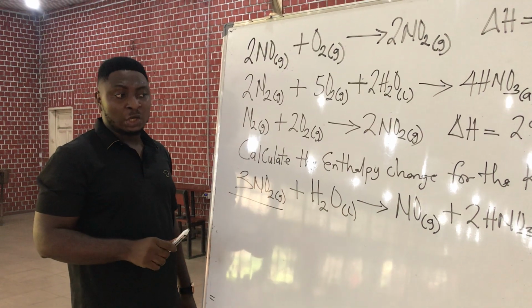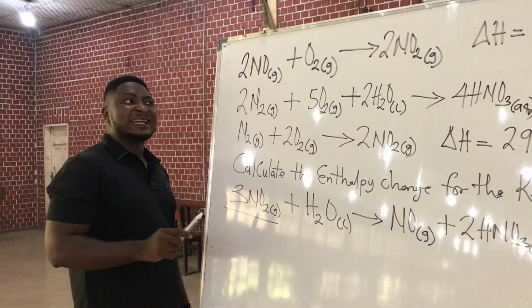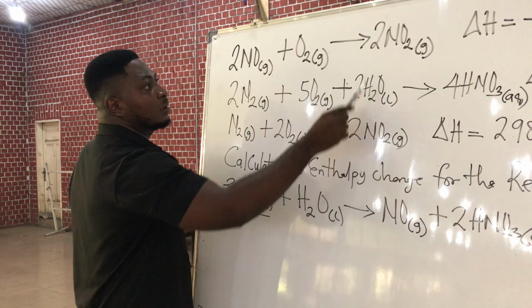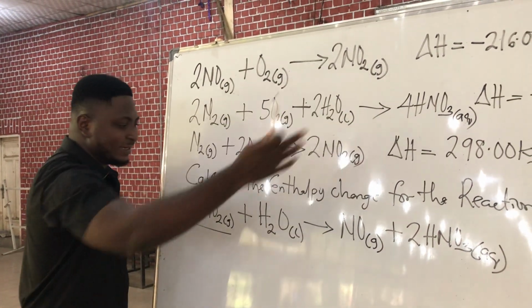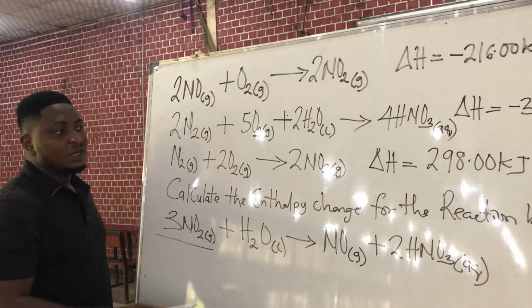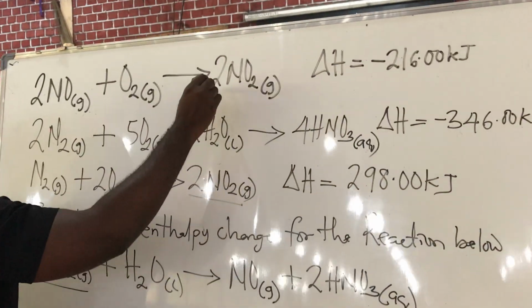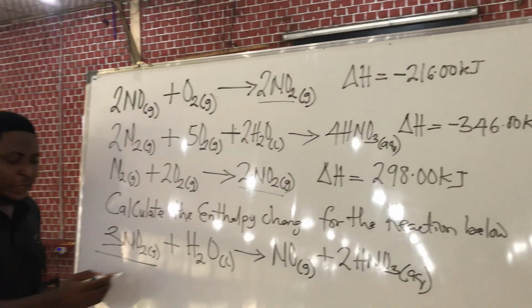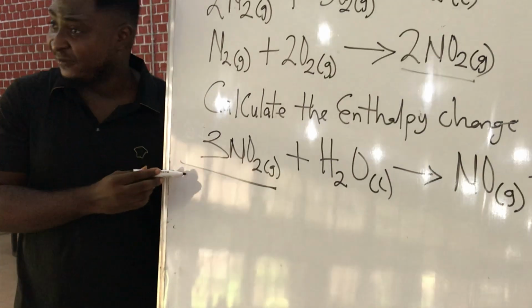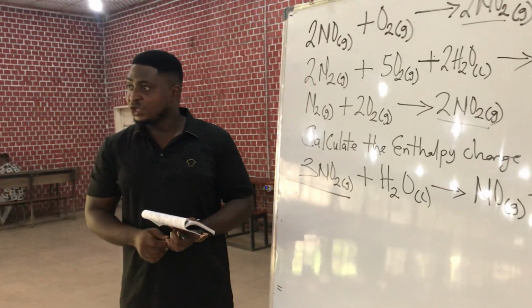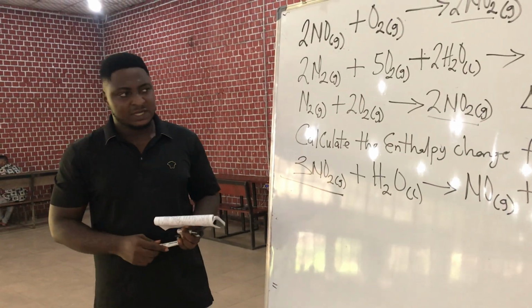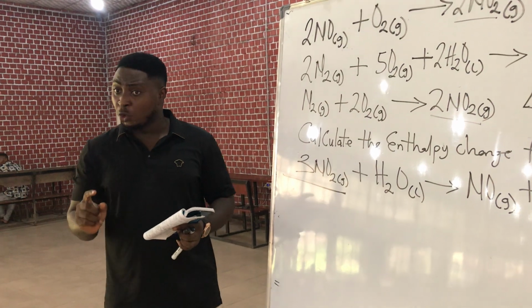The first thing that is wrong is that our NO2 occurs on the right-hand side, right? The NO2 here is on the right-hand side, the NO2 here is on the right-hand side, but the NO2 in the main question is on the left. So it's clear that something must be done to the NO2.